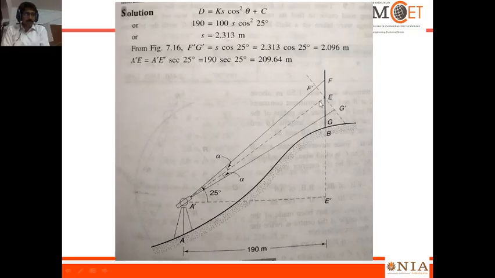This F, E, G reading we require, and already this center inclined vertical angle is 25 degree and the distance is given. The notation, instead of beta that we used in the derivation, here they have used alpha, right? From the figure, F dash G dash is equal to S cos 25. What is cos 25?